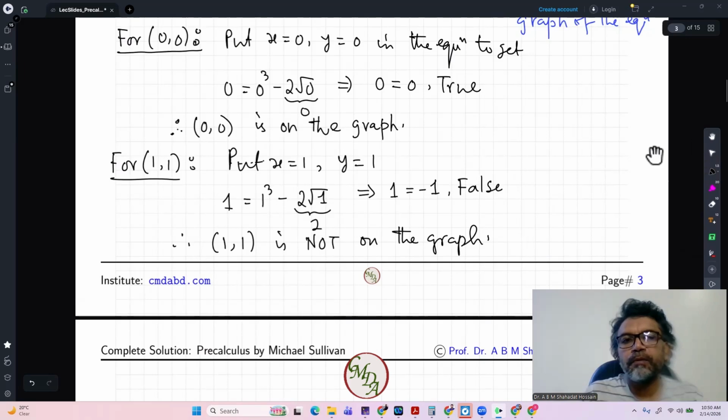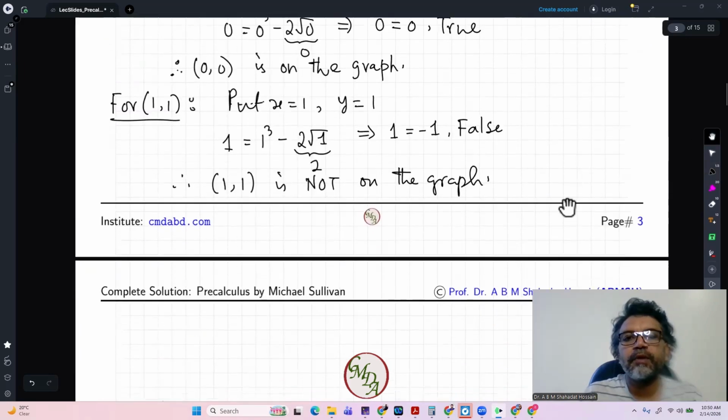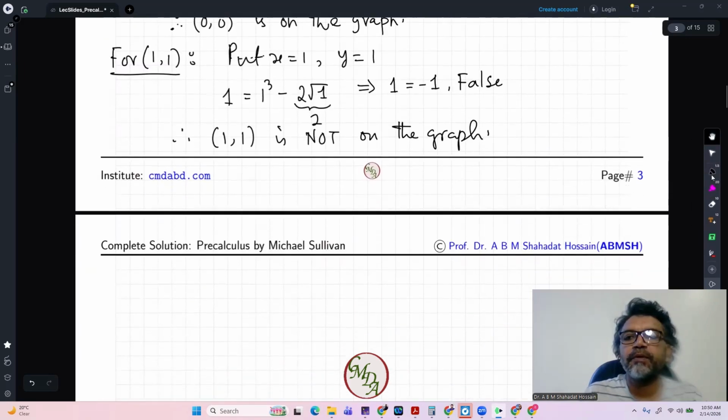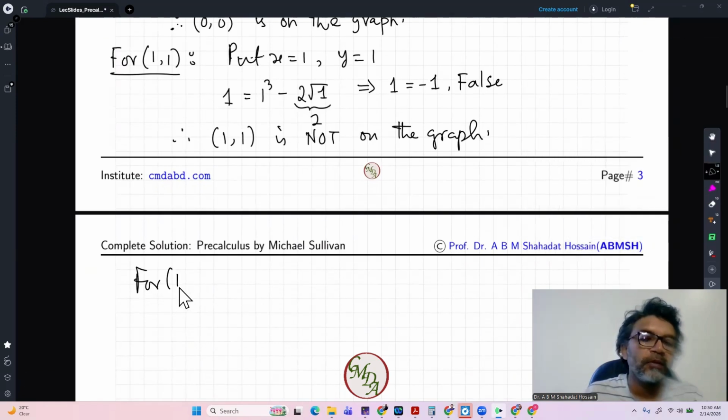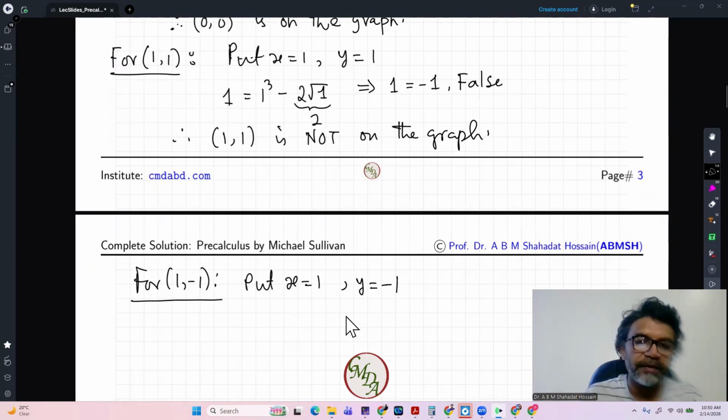The last one is (1, -1). We substitute x equals 1 and y equals minus 1 to get minus 1 equals 1 cubed minus 2 to the power 1.